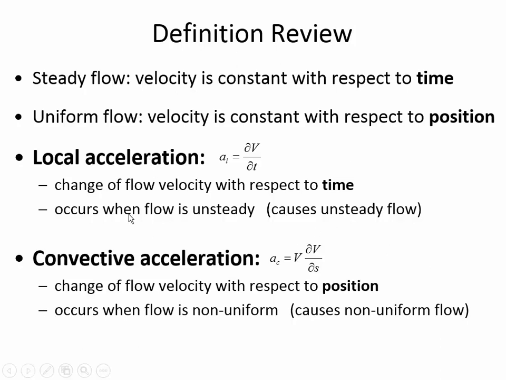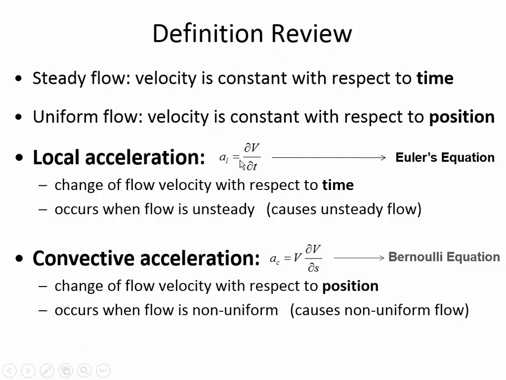Local acceleration occurs when the flow is unsteady. Convective acceleration, the velocity at a certain location, multiplied by the change in velocity with respect to position. Now here, instead of x for the location, we're just using the variable s to represent location. But convective acceleration happens when the flow is non-uniform.